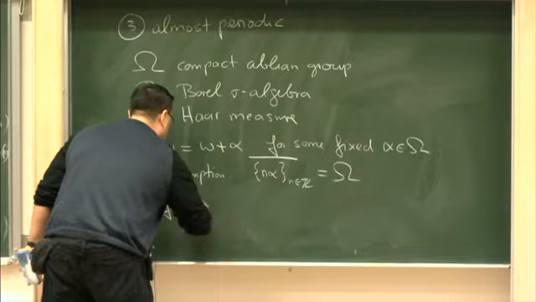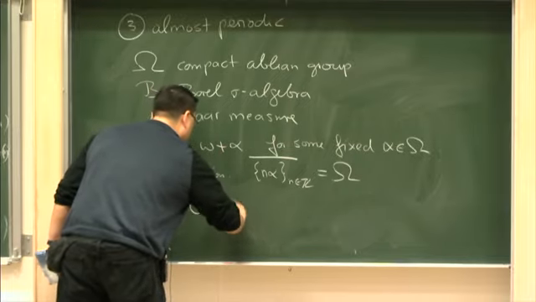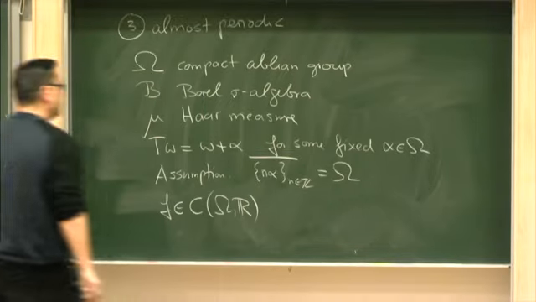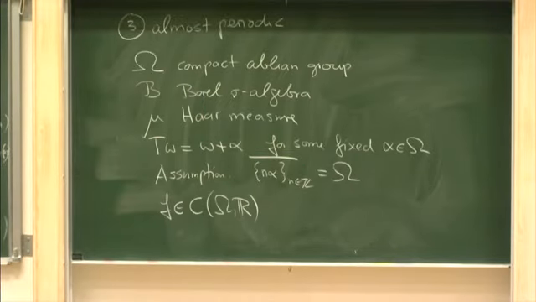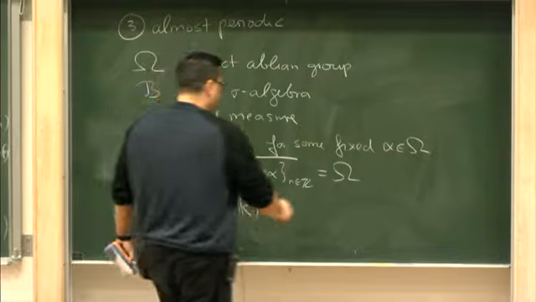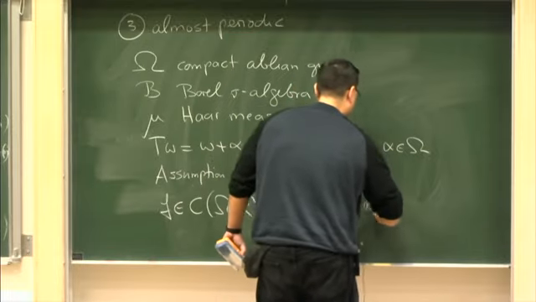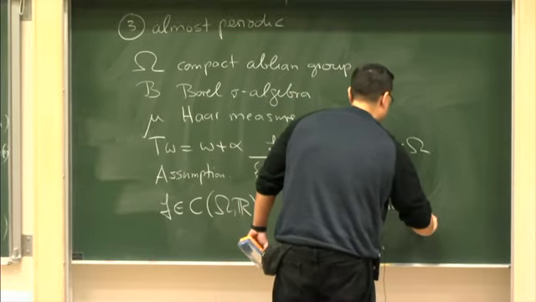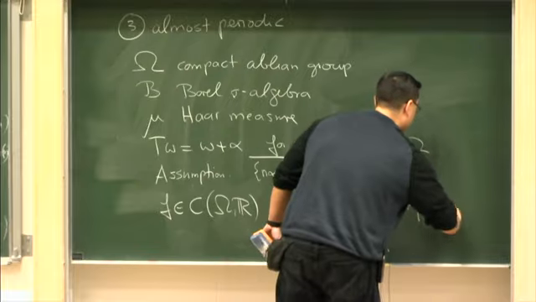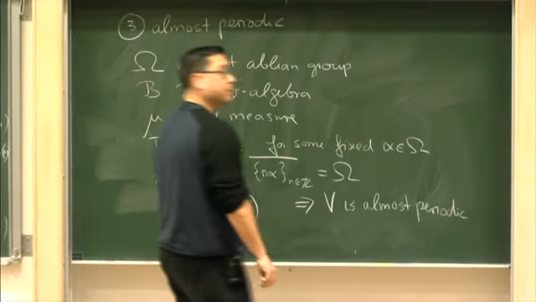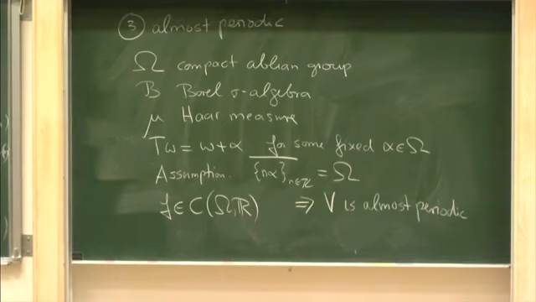And so f now is an arbitrary continuous function from omega to R. Okay? And so then you can show that V is almost periodic in the sense that I said before, namely that its translates have compact closure in L infinity.